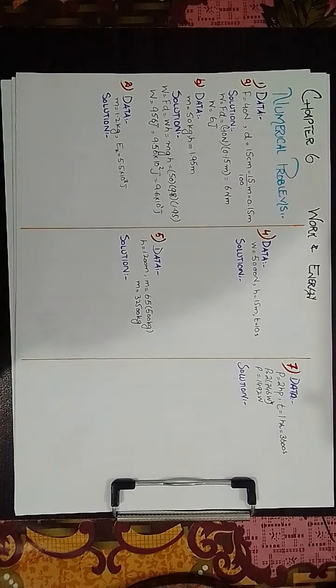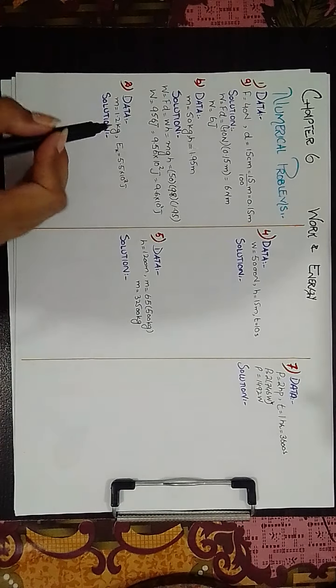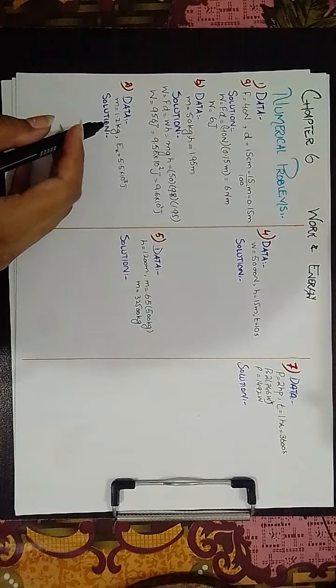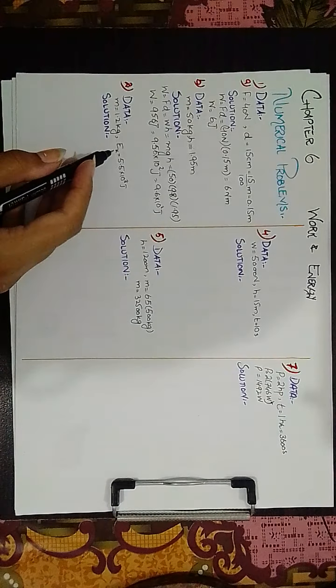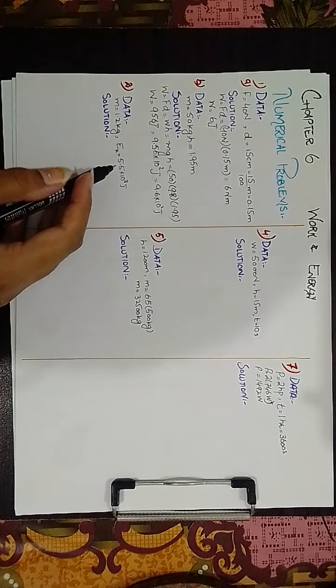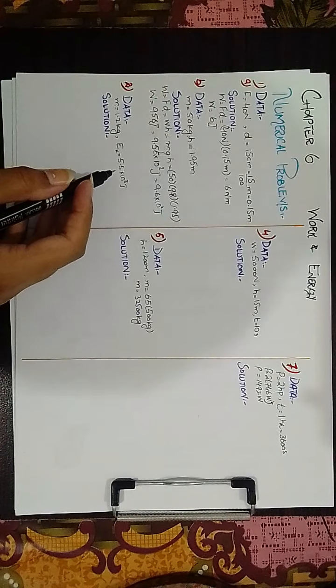Question number 2 is calculate the velocity of a 1.2 kg falling star or meteorite with 5.5 into 10 raised to the power 8 joules of energy. So we are given mass, which is 1.2 kilograms, and the kinetic energy, which is 5.5 into 10 raised to the power 8 joules.